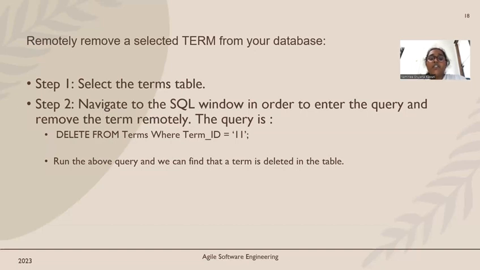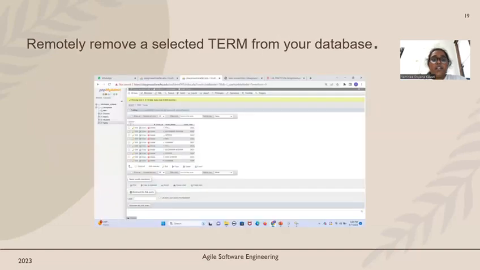But as we are asked to remove remotely, we are removing it by using the SQL queries. So the query is as follows: delete from terms where term ID equals 11. So the term with its ID number as 11 would be removed by running this query, and the output would be as follows. Here we can see that the term with ID 11 is removed.